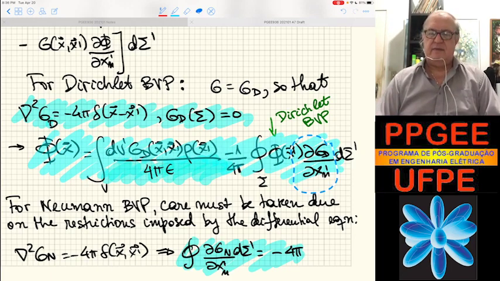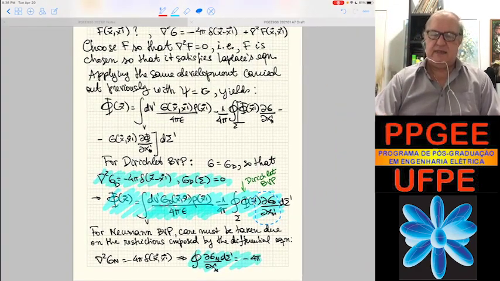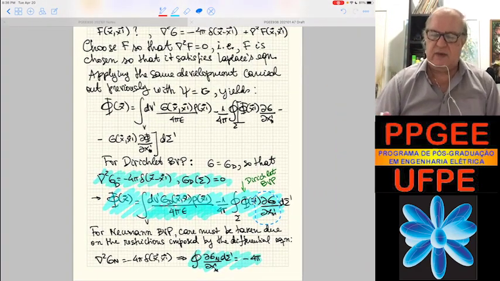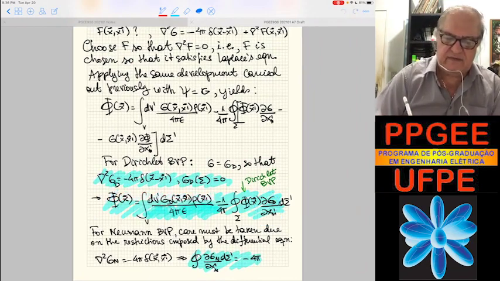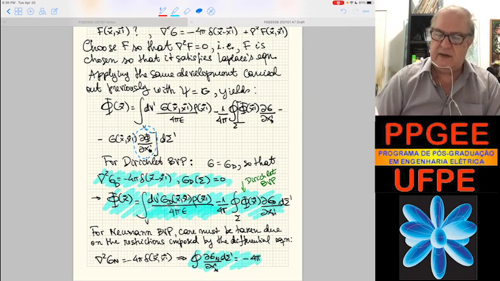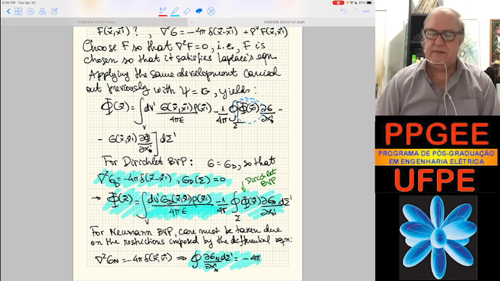That's the formal solution of the Dirichlet problem, right? Well, the other thing, for Neumann, we want to use the normal derivative of the potential and not the value of the potential.